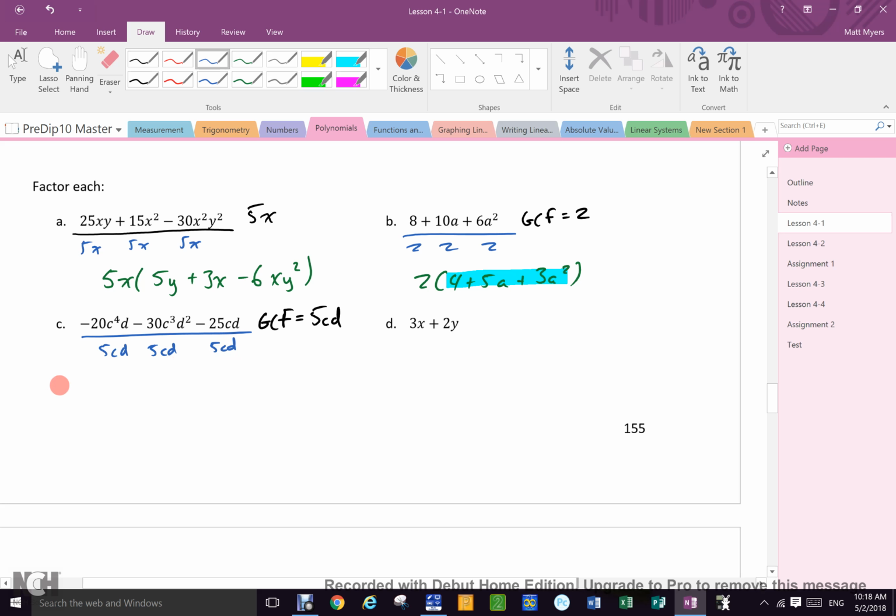So this would be 5CD, and then what would go inside the brackets? Negative 4C cubed, negative 6C squared D, and negative 5, correct?